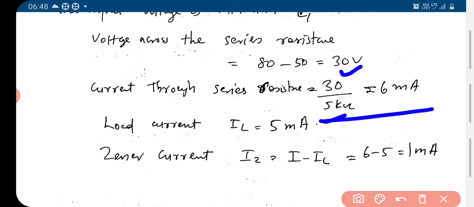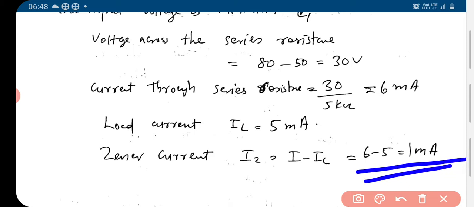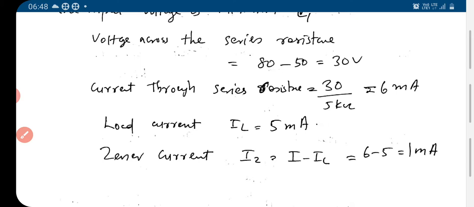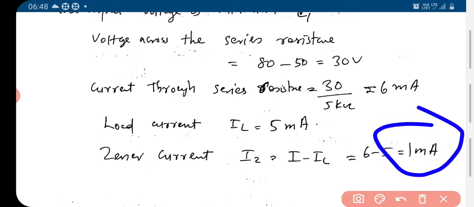And the load current is 5 milliampere, that is fixed. And the Zener current is now given by 6 minus 5, 1 milliampere. So this is the minimum current through the Zener.